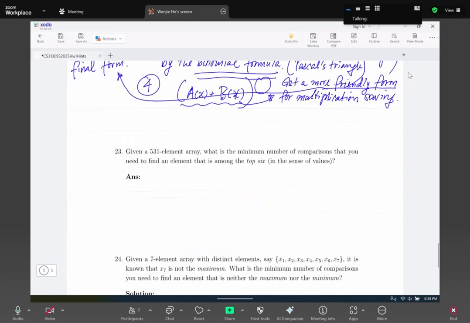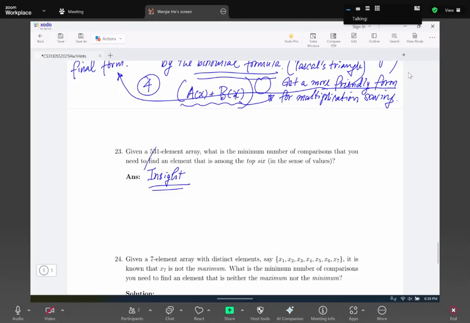Next question, this one, number 23. In order to solve this question, you really need to get that insight, some very special insight. If you did not get it, then when you work on it directly, you may use too many comparisons.